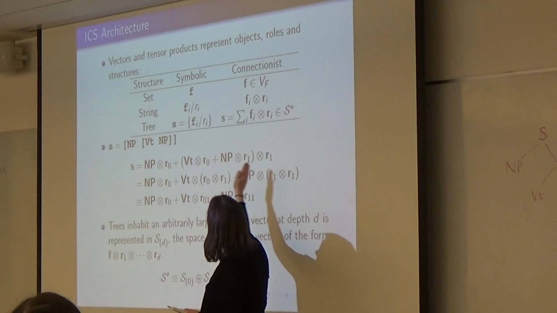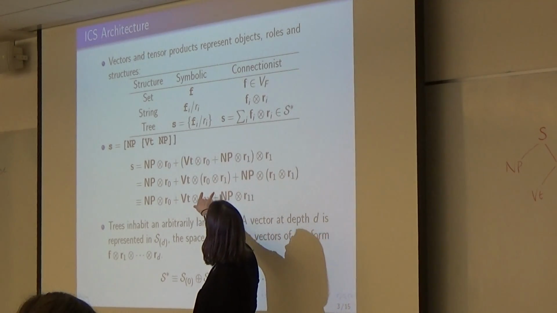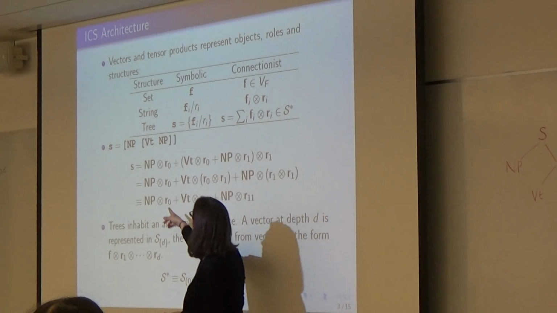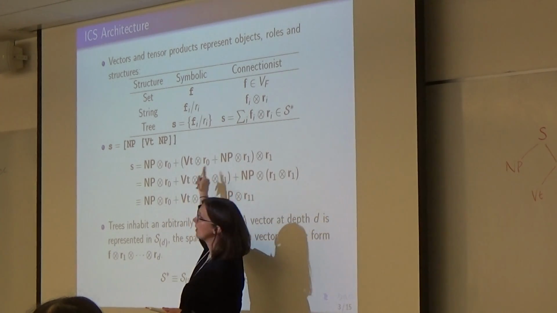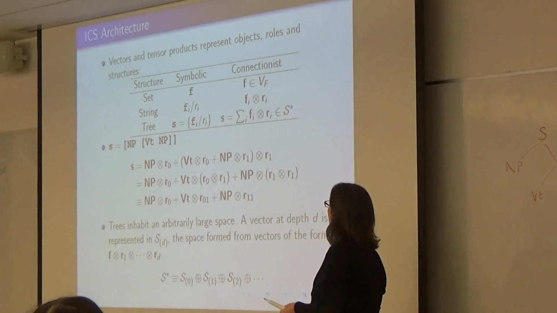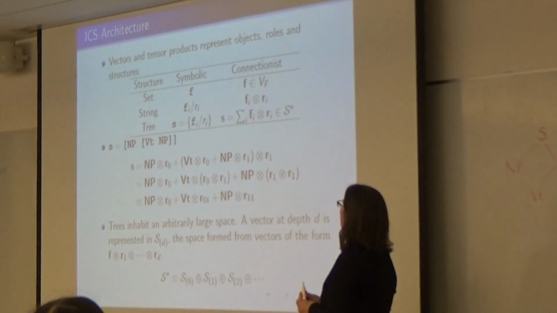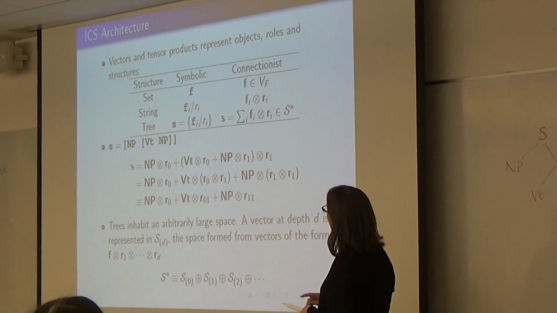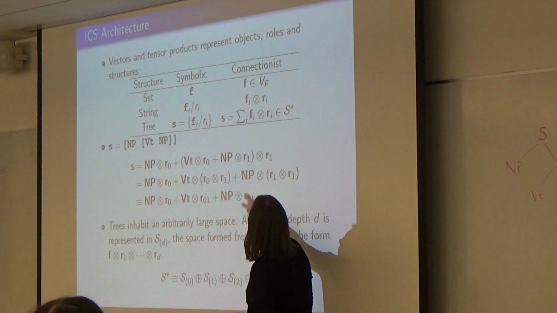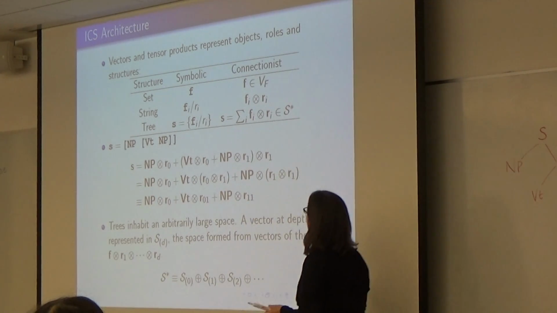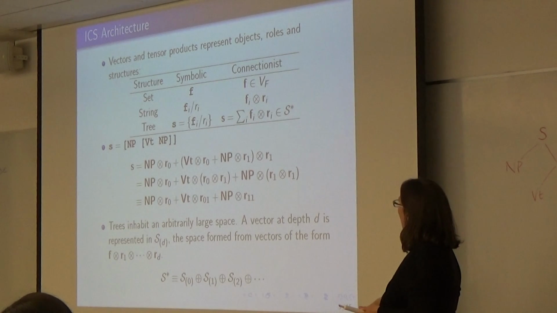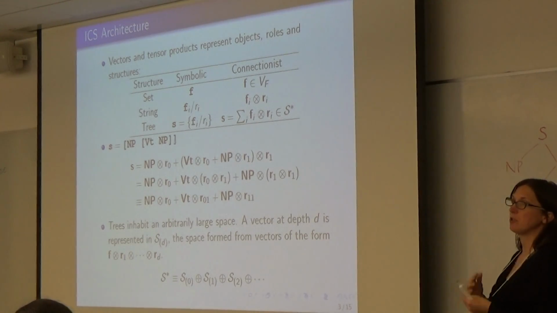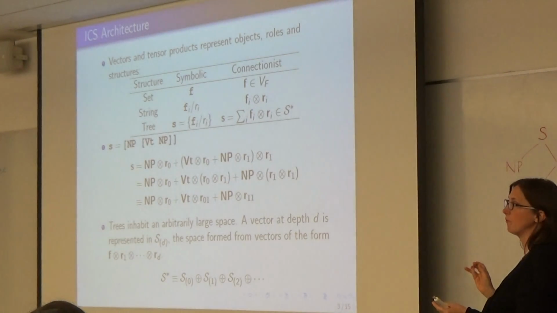Then we can multiply this out, and we get one vector here describing the sentence, where these roles are complex, or complicated rather. The roles themselves are structured. And this notation here is just notation for R1 tensor R1. So this is how Smolensky proposes to represent trees within his formalism.